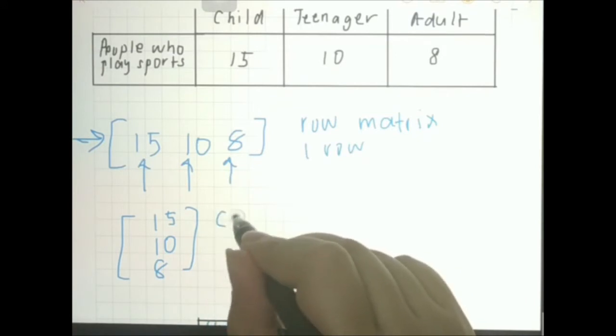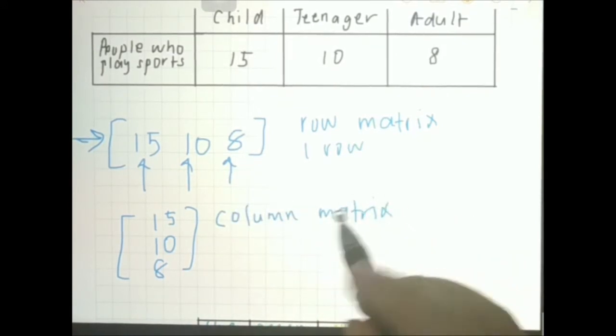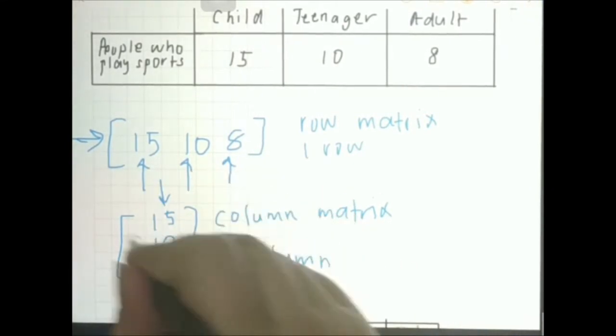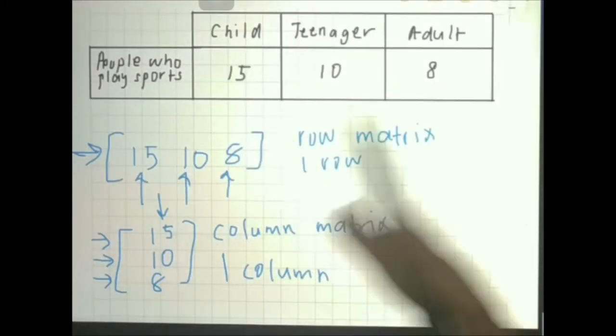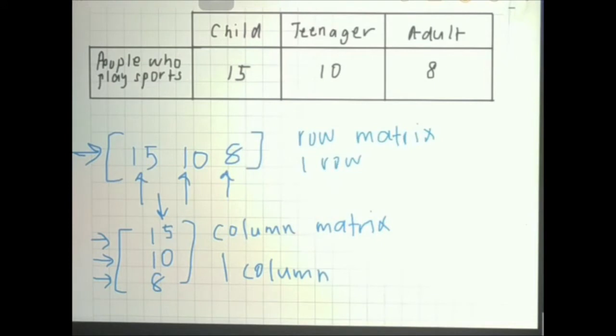This is called a column matrix because it only has one column. See, just one column, but it has 3 rows. So when I see data like this, I usually want to copy paste how I see the data because it's much easier. But if the question asks you specifically how you have to write it, then you have to follow through with the question. Alright.